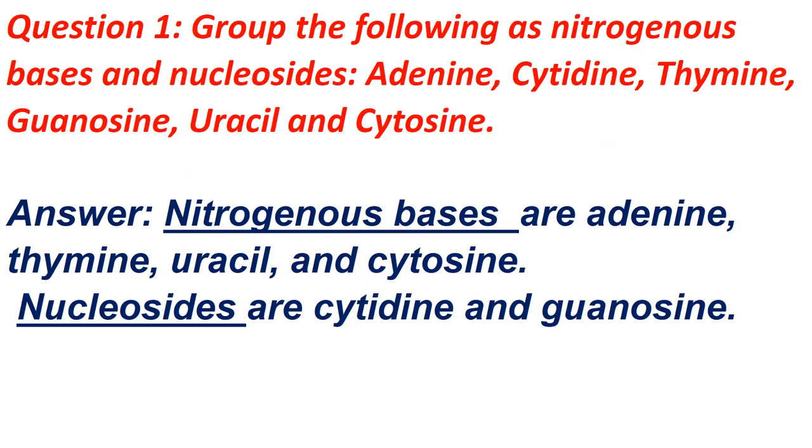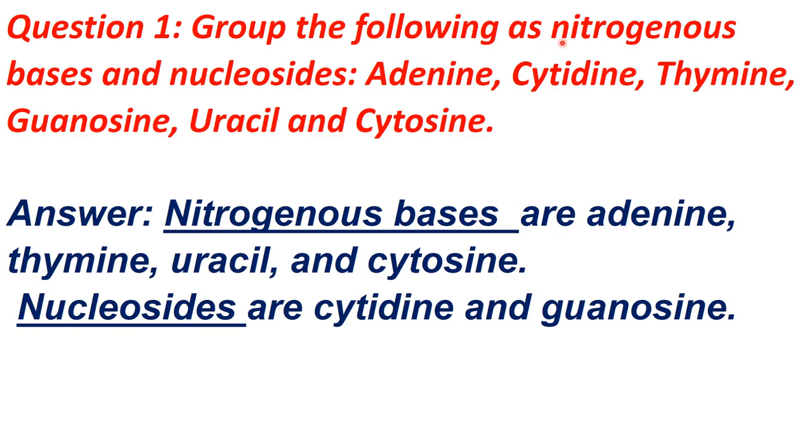Now, solutions of the NCERT questions that I gave in homework. The first question was, group the following as nitrogenous bases and nucleosides. You have learnt this in class 11th, and you must know the difference between nitrogenous bases and nucleosides. Nitrogenous bases are adenine, thymine, cytosine, uracil, guanine.